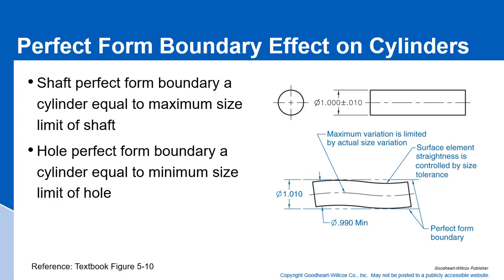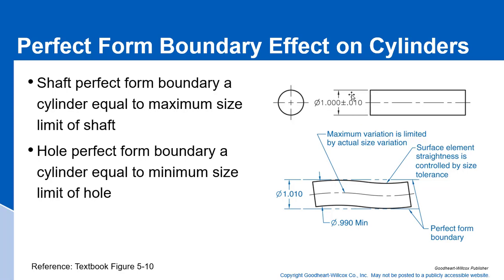Perfect form boundary effects on cylinders. The shaft perfect form boundary as a cylinder equals the maximum size or limits of the shaft. Okay, so in which case I have a shaft here. This is, again, if we're going to put one of these form tolerances on a feature of size.